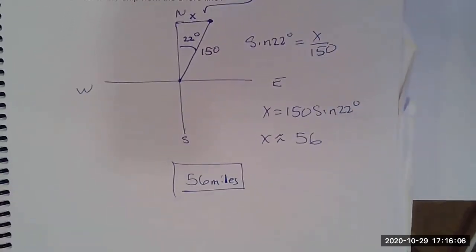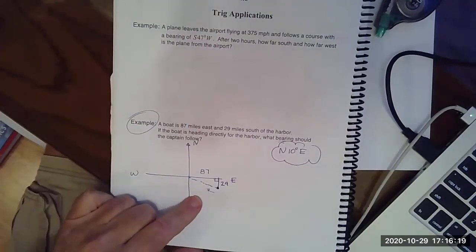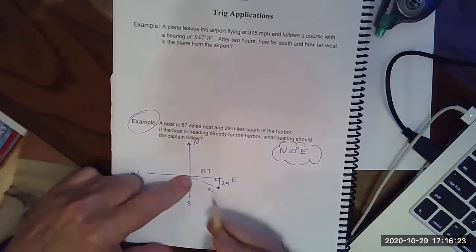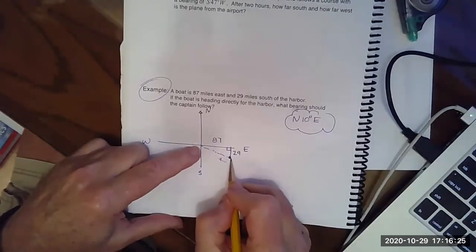The key on that one, why I wanted to do that one, is to show you about the bearing. The bearing is from something to wherever the ship is. Now, if I go back over to this one, you might think, well, the port or the harbor is over here and the ship's over there.